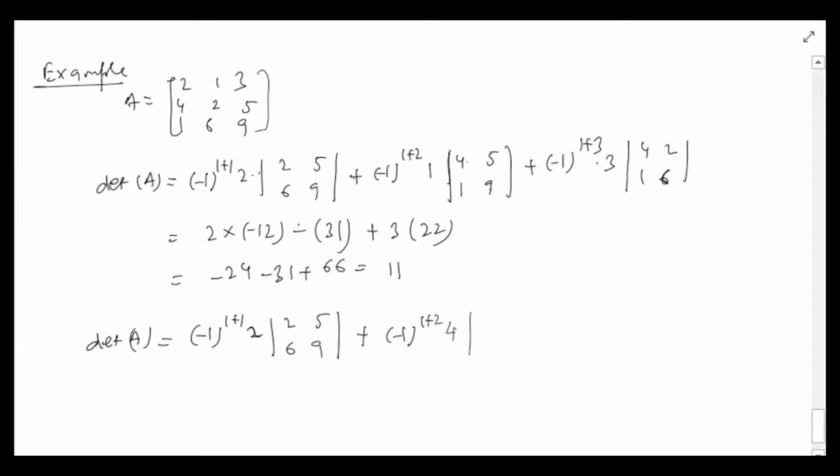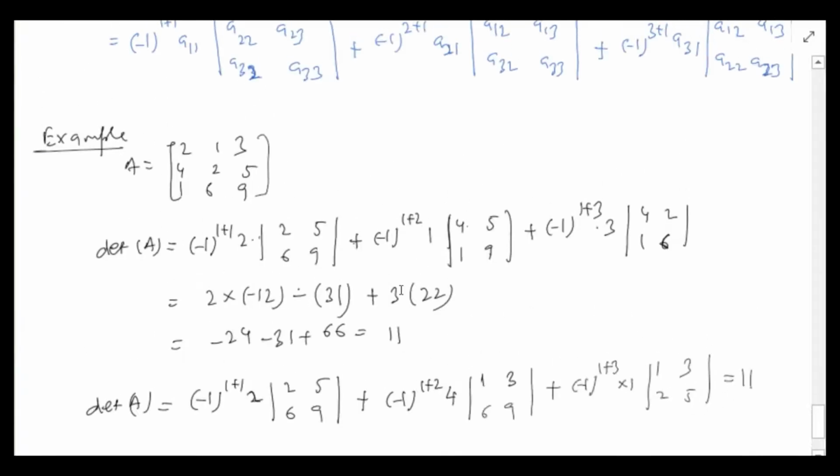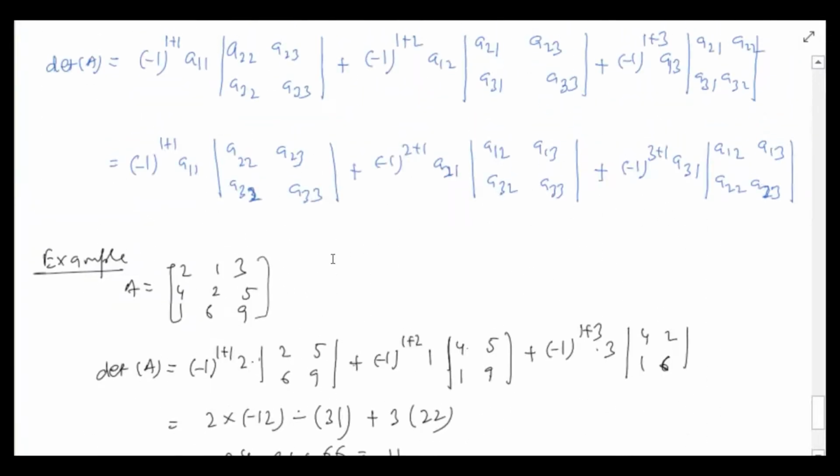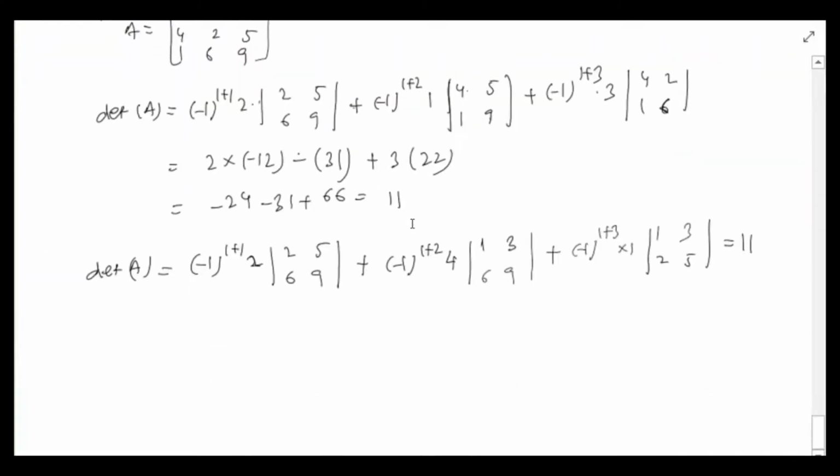Now I'll ignore the first column and the second row, and here I'll have 1, 3, 6, 9. Finally, I'll have minus 1 raised to 1 plus 3 into 1 into 1, 3, 2, 5. It can be seen that I'll get the same final answer as before, that is 11. In fact, as I stated earlier, I could expand along any row or any column. So this is how we define determinants of 3 by 3 matrices.